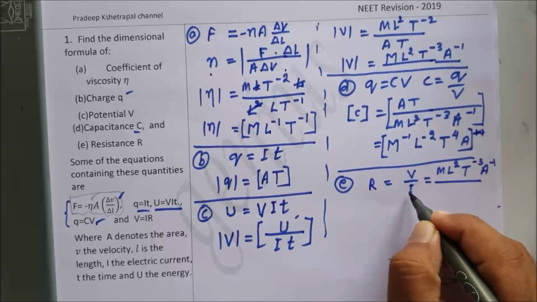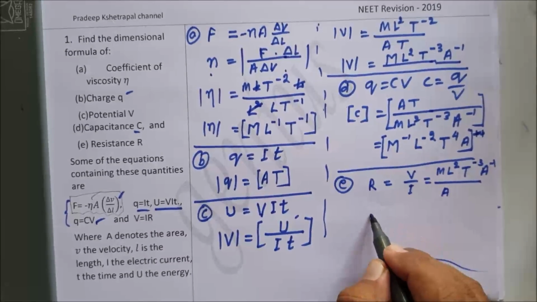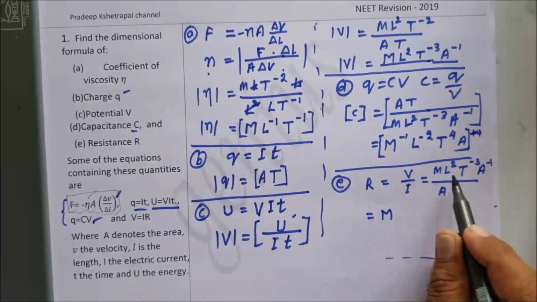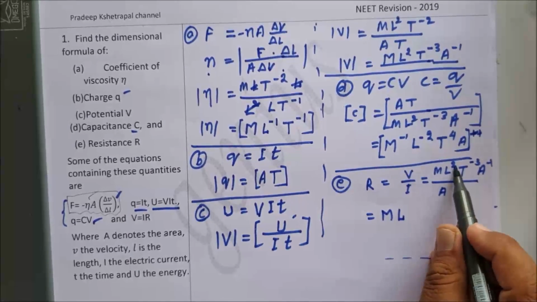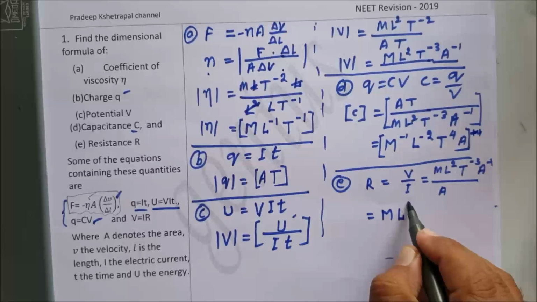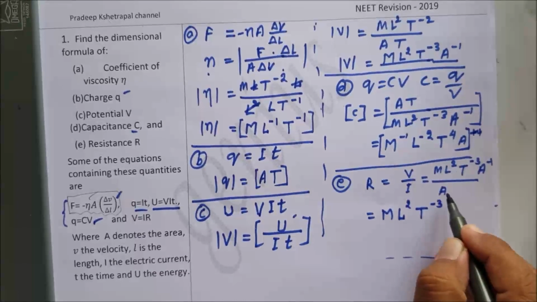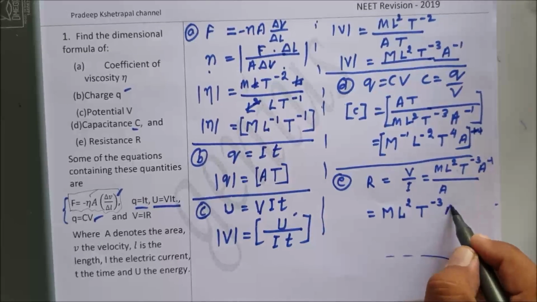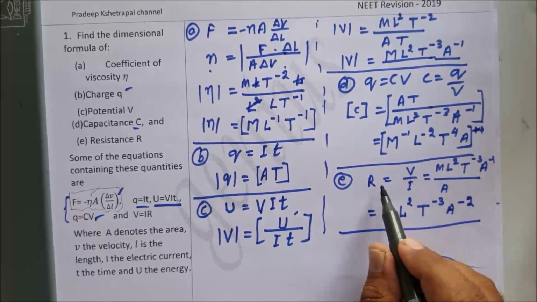This is to be divided by I, which has the dimensions of only A. So R has the dimensions M, L2, T minus 3, and A becomes minus 1 and minus 1, so A minus 2. These are the dimensions of resistance.